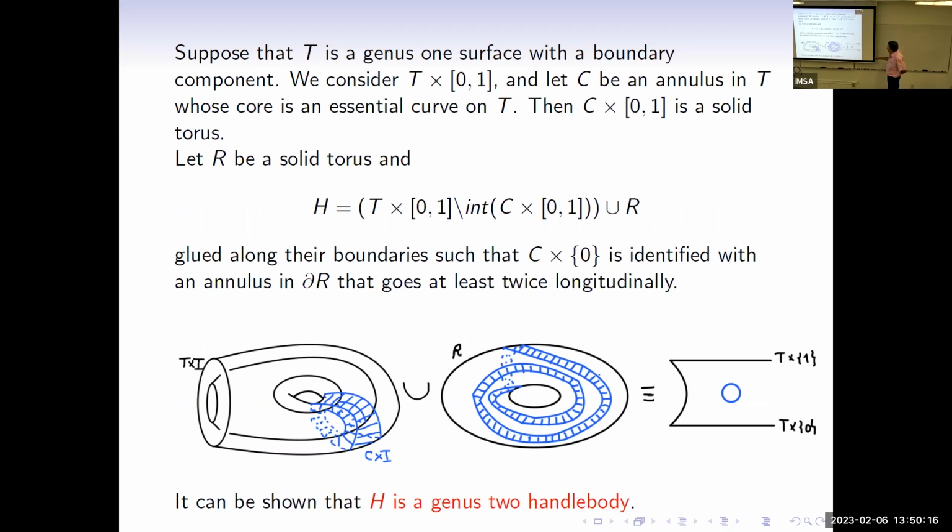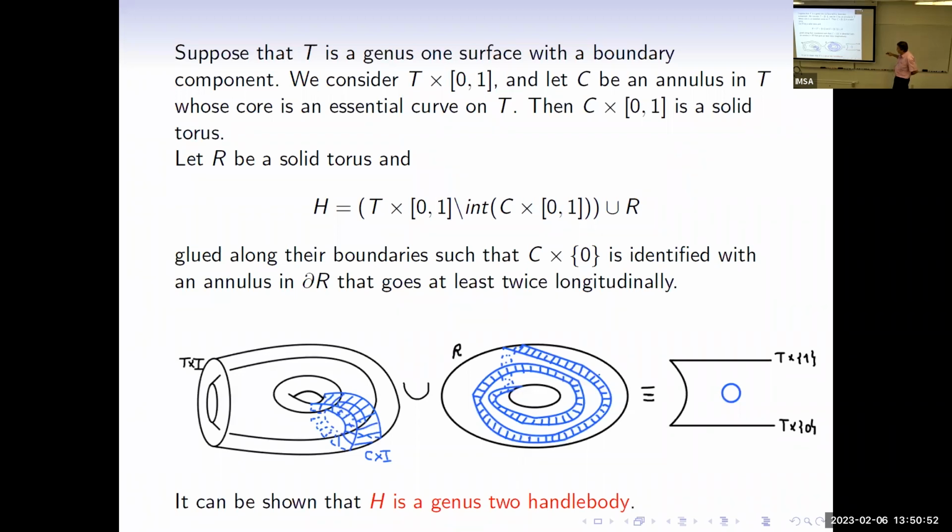Genus one surface plus I. So here we take an annulus plus I, remove this part, this is a solid torus, and we glue back another solid torus, but in such a way that this annulus is glued to an annulus twisted, with the condition that this is a genus one Seifert surface.